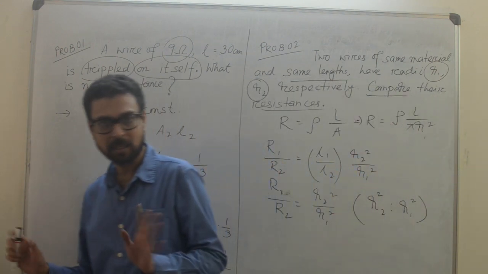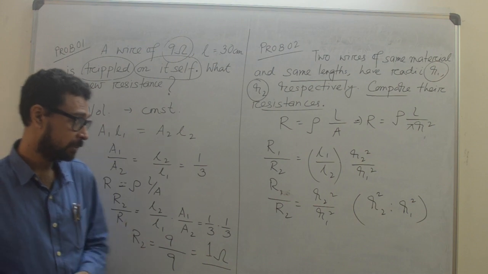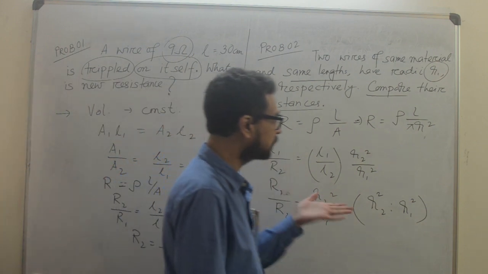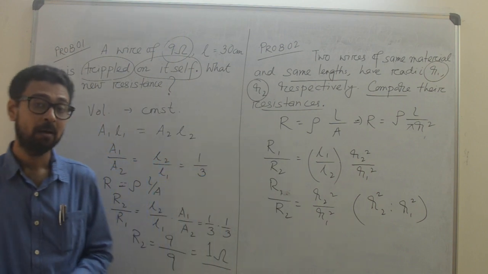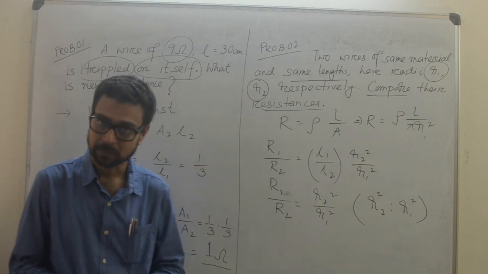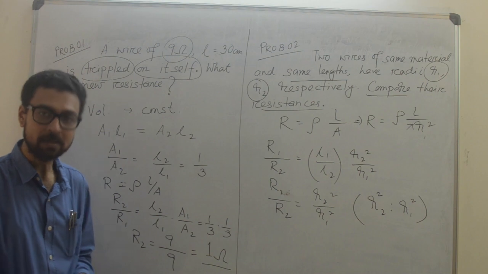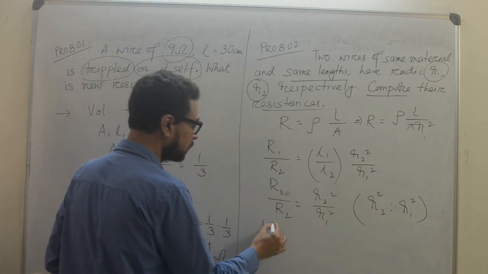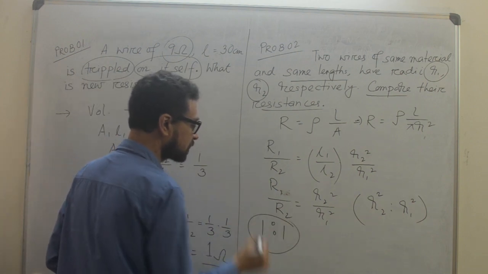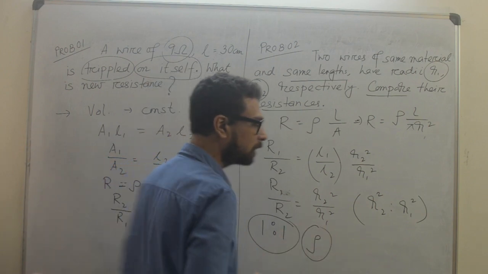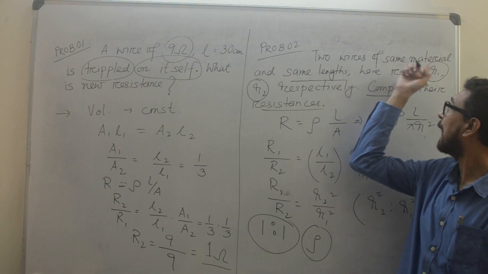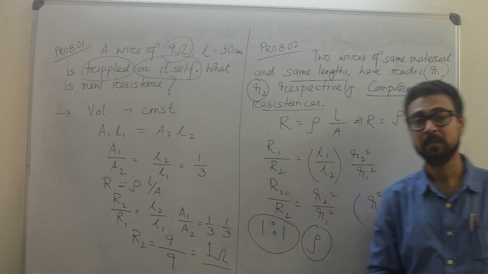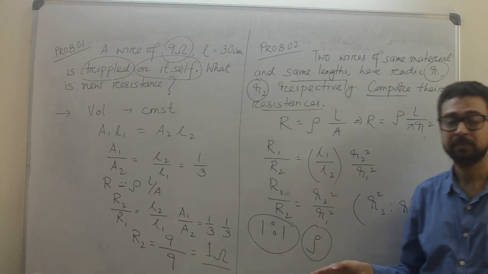Now, I have seen that they ask this question to compare the resistances, but sometimes they ask to compare the resistivities. So what would be the answer? The answer would be 1 is to 1. Resistivity is 1 is to 1 because they have the same material and same length, but the radii are different.